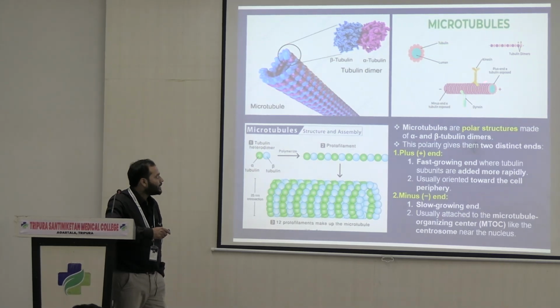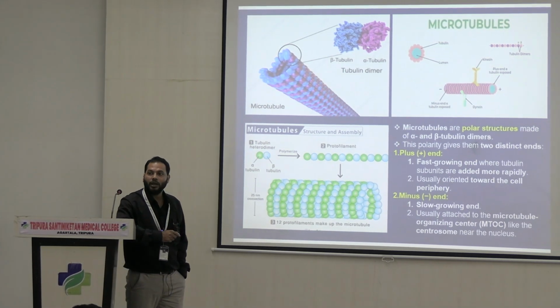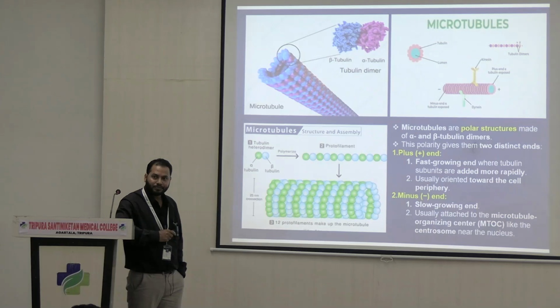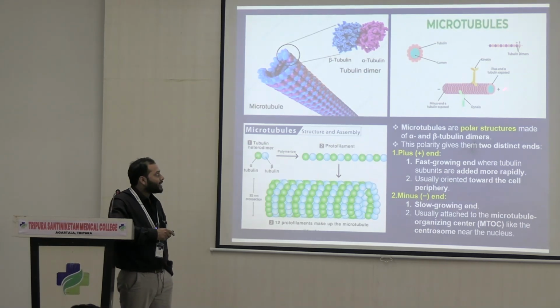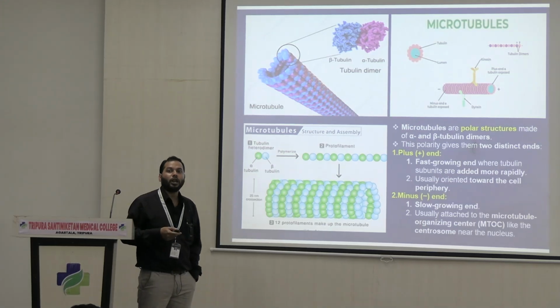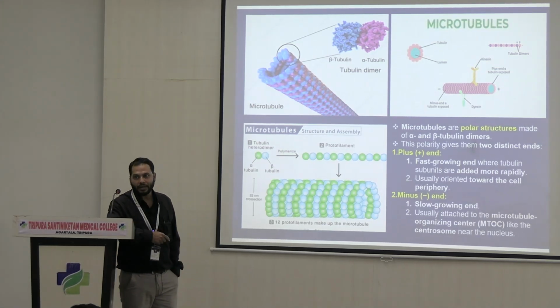Now you can see here, as I mentioned, in the microtubule molecules there are two different ends, the plus end and the minus end. The plus end of the microtubule is basically the growing end, where the tubulin molecule binds very rapidly in comparison to the minus end, number one.